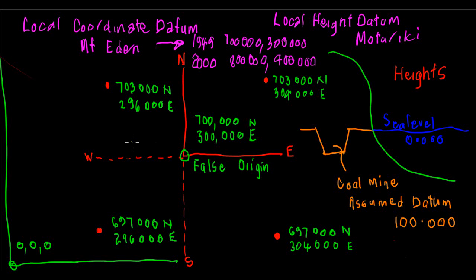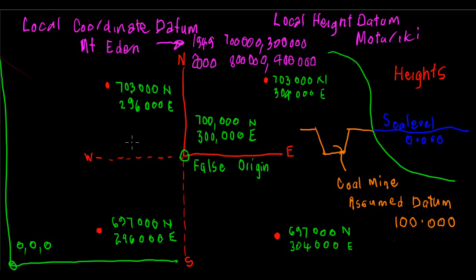A couple of examples I can think of are some of the coal mines in Huntly, where the actual ground levels are around 20 metres above mean sea level, and they're going down 60-80 metres, so the actual bottom of the mine and some of the workings of the underground mines in that area are below sea level, and so an assumed height datum is used there so that we don't have to deal with negative heights and the problems associated with the mathematics of using negatives.